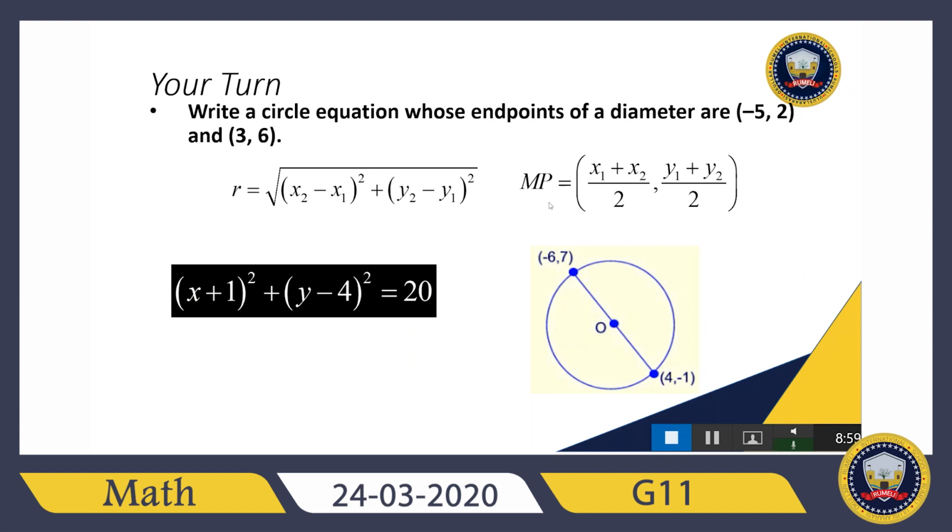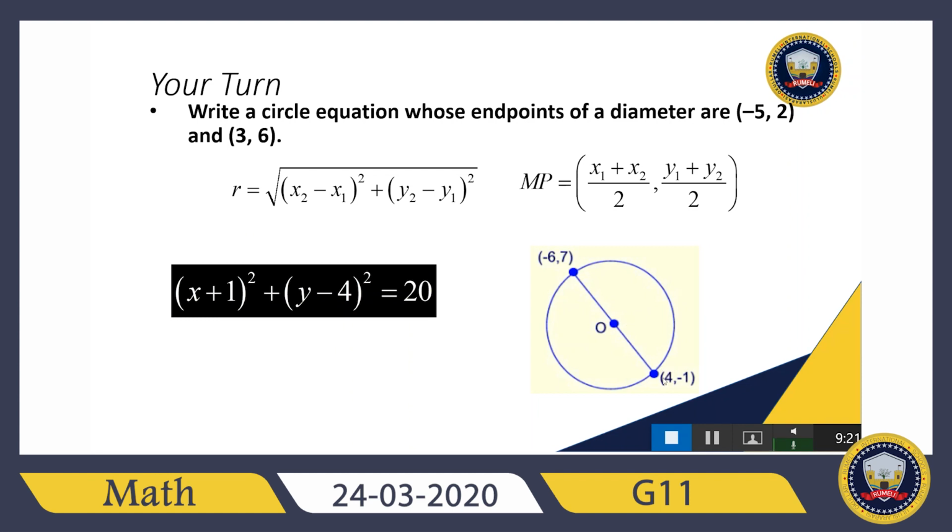Okay, writing the equation, (x − (−1))², which is (x + 1)², plus (y − 4)², where (−1, 4) is the center of the circle, equals r squared. So why do we have 20 in this case? R squared is the distance between the center and one of these points.